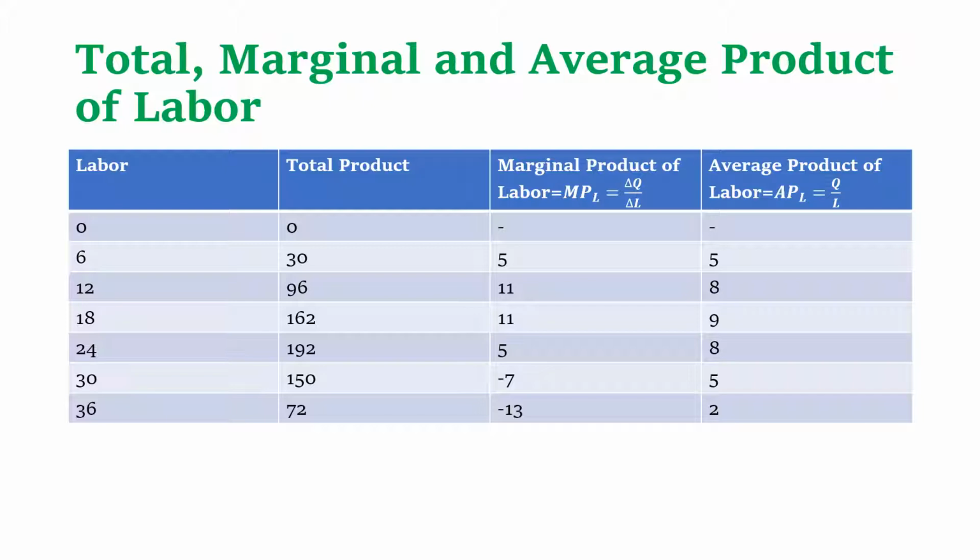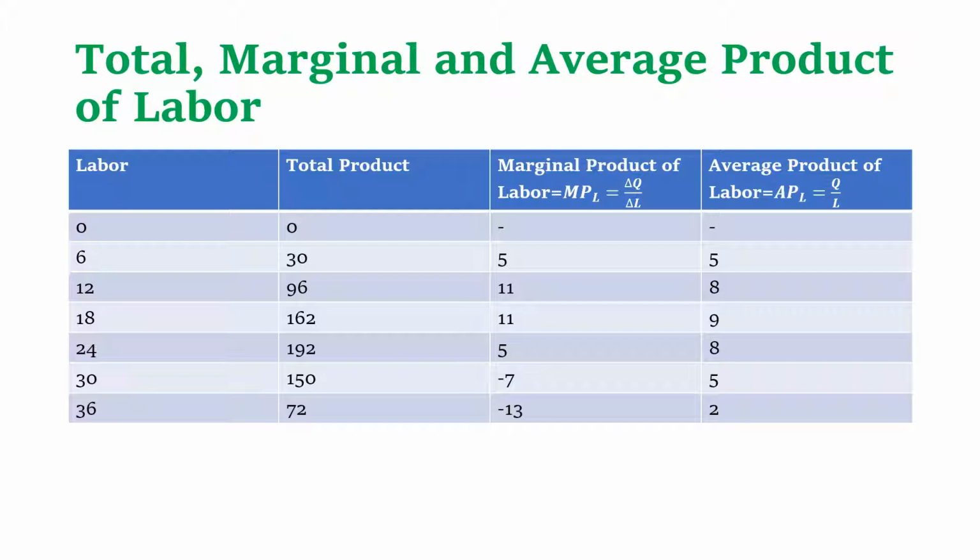The marginal product here is just the change in total product over the change in labor. So labor here is 6 minus 0, which is just 6, and output is 30 minus 0, which is 30. 30 over 6 gives us 5.